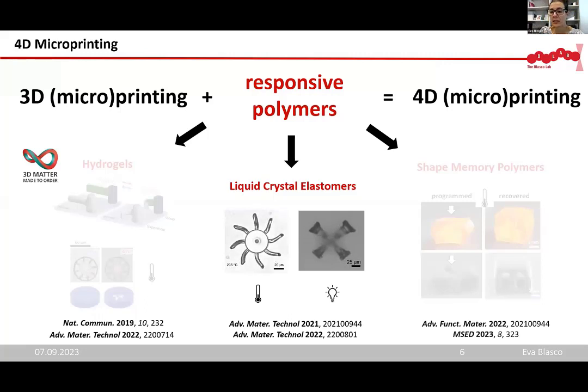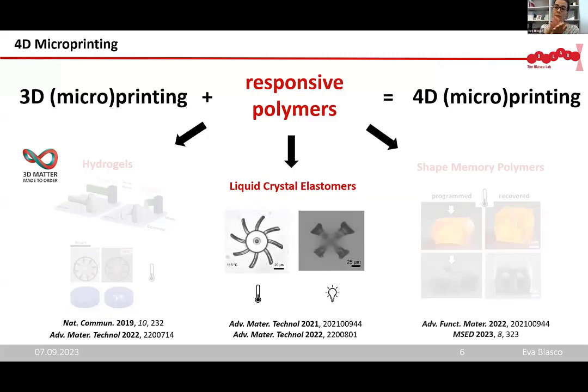As you know, liquid crystal elastomers have been exploited at the macro scale for actuators. They are also a very nice material with potential applications at the micro scale for micro robotics. Important for this actuation is that we need to induce a transition from the liquid crystalline state to the isotropic state. So we need to start from an ordered state, and therefore alignment of the monomers is very important.